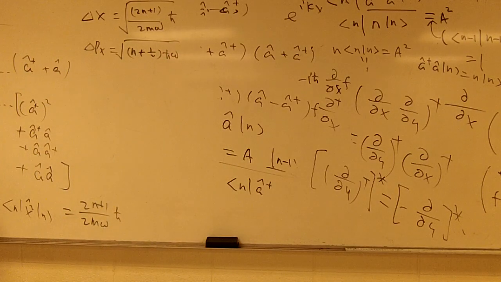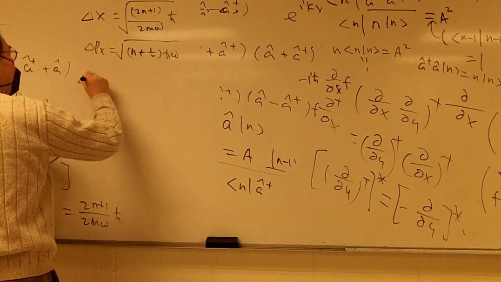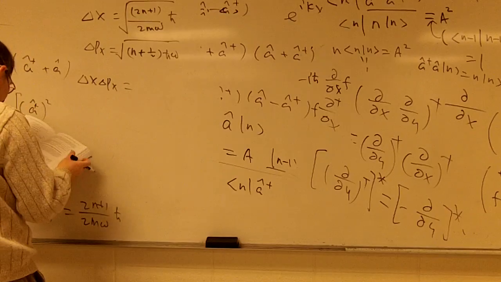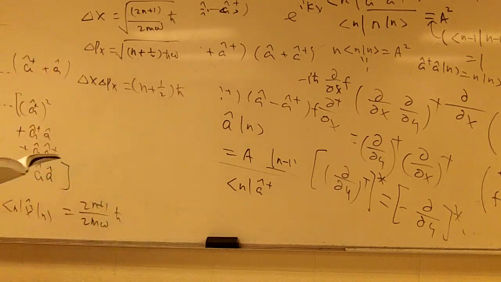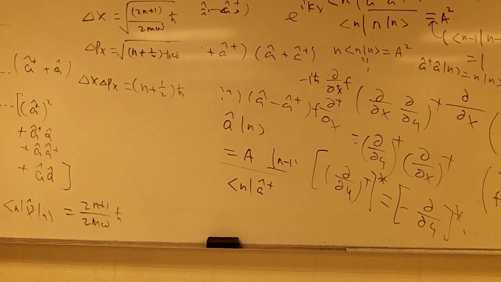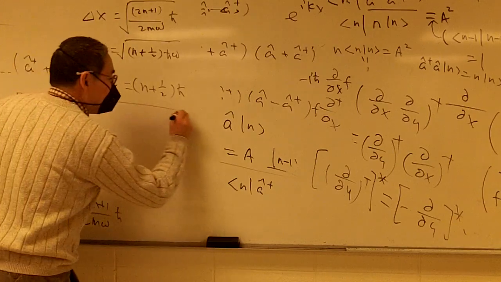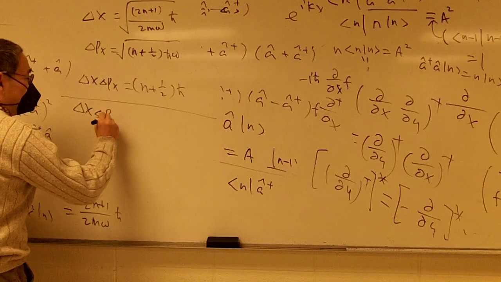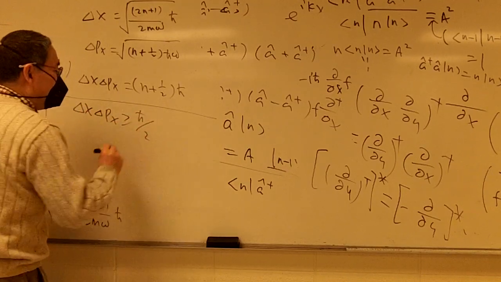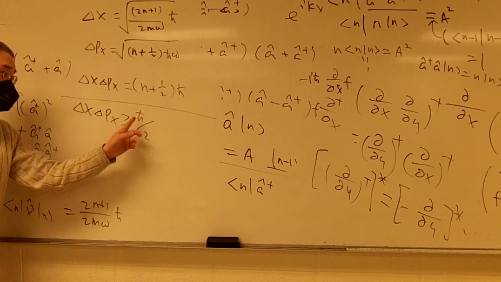Now, if you multiply these two together, essentially this equation times that equation, this is delta x delta px, and this equals (n plus 1/2) h bar. So this is the entire calculation. You see, you don't need a lot of mathematics to do the calculation, and this is a generic equation. Now let's look at the uncertainty principle. The uncertainty principle says it must be larger than or equal to half h bar.